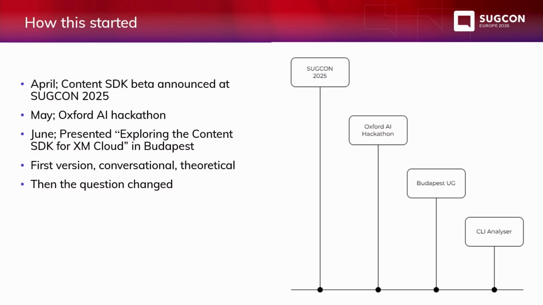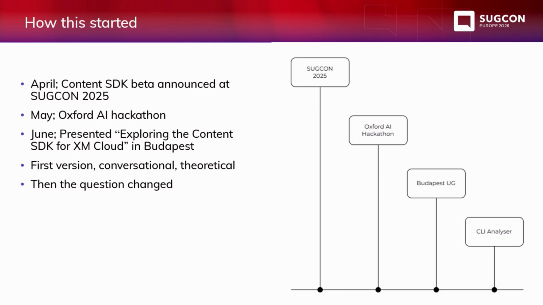This started really back in April 2025, ironically at SUGCON in Antwerp. Right after that conference, I took part in a 2-day AI hackathon based in Oxford, which is where I live. One of the benefits of living in Oxford is there's no shortage of students doing AI hackathons.